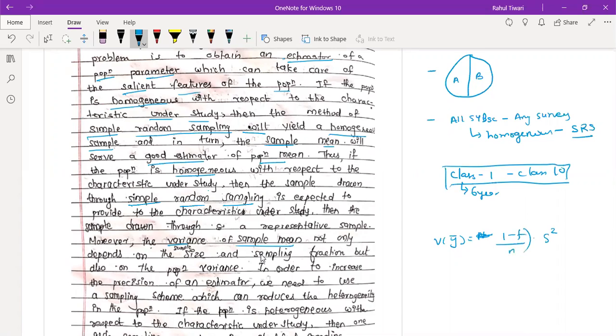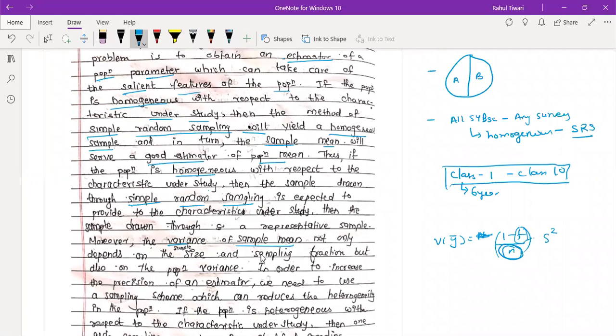We have this formula. So one can see even under SRSWR, the variance of the sample mean not only depends on the sample size, but also on the sampling fraction. So this is your sampling fraction.